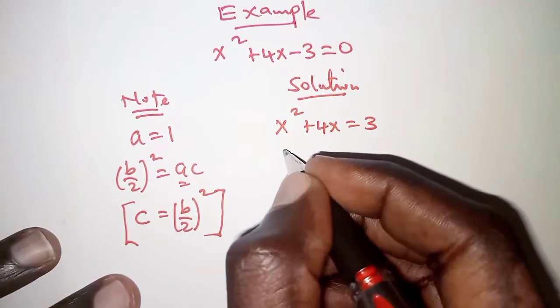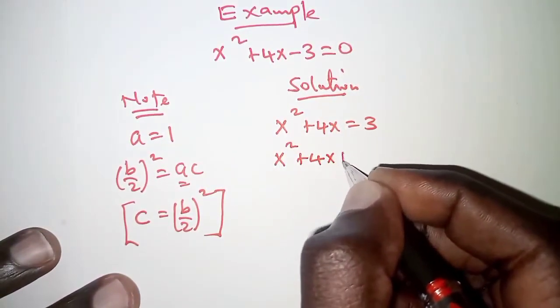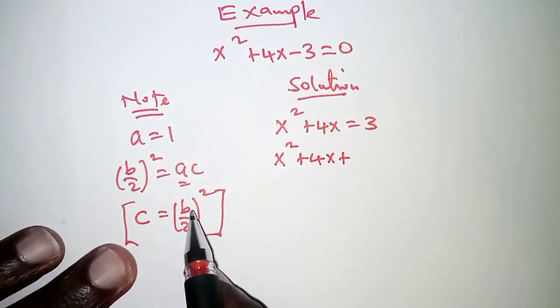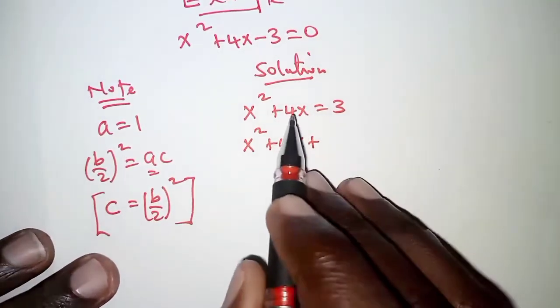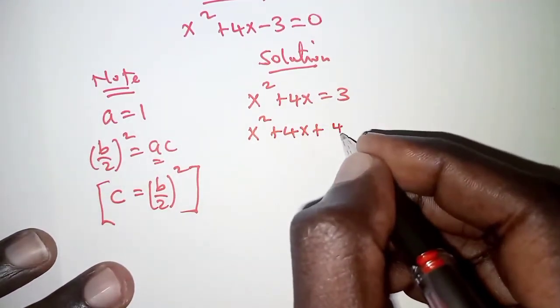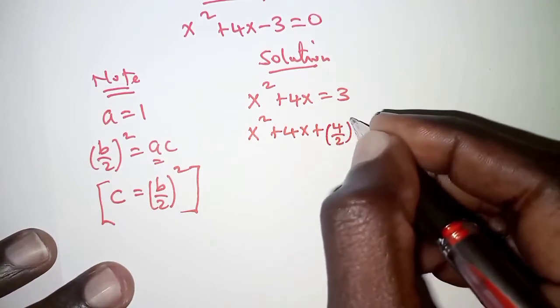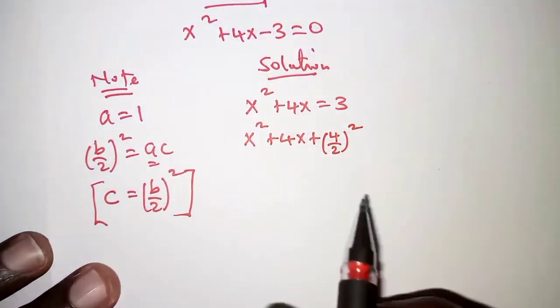So we are going to say x squared plus 4x plus c, and c is obtained as b over 2 squared, and b for this case is 4. So we simply take 4 over 2 and then we square. That way we have completed the square on the left hand side.